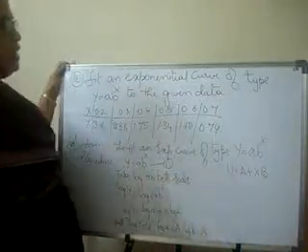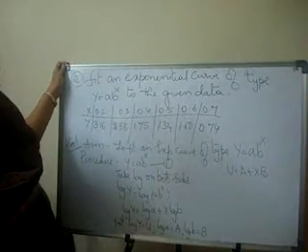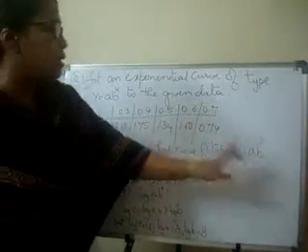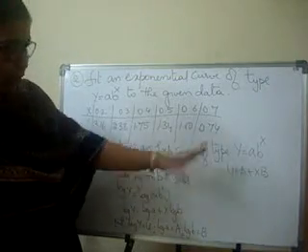Now this is the linear equation in terms of u and x.